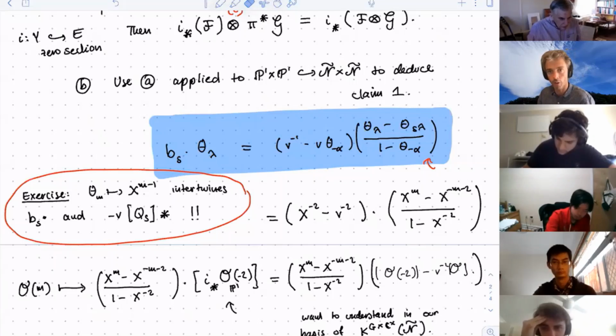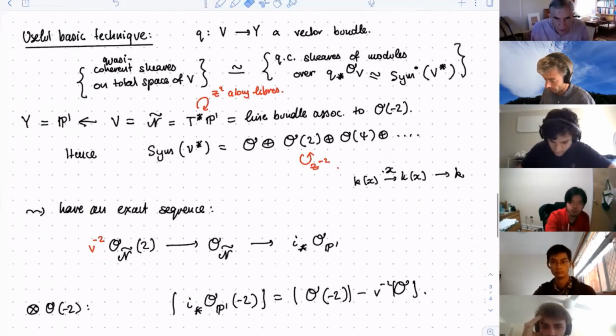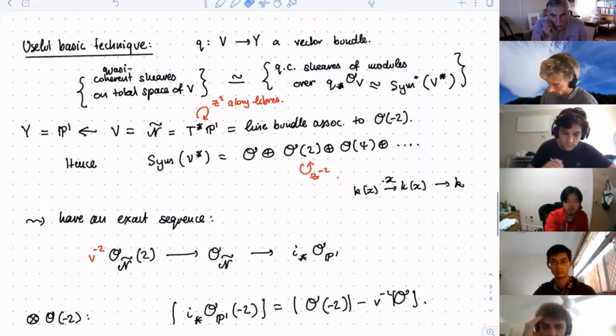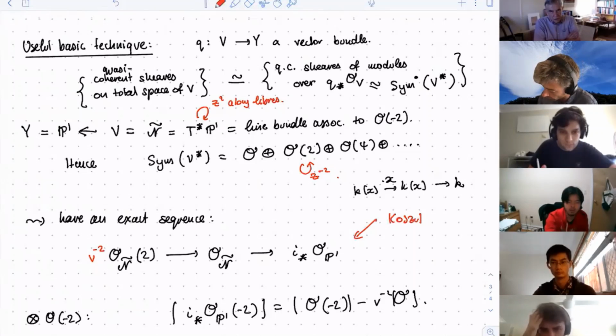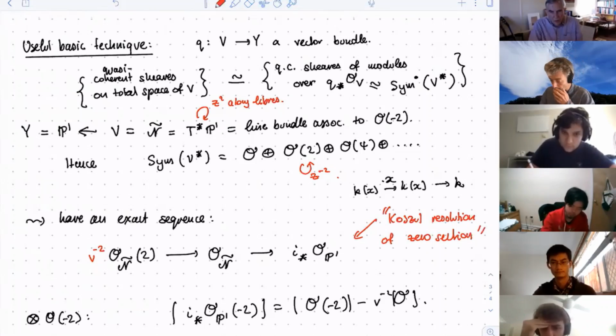One final thing before the break, what we're doing here is a general and very useful thing. This is an instance of a so-called Koszul resolution of the zero section. So see you at 10:05.